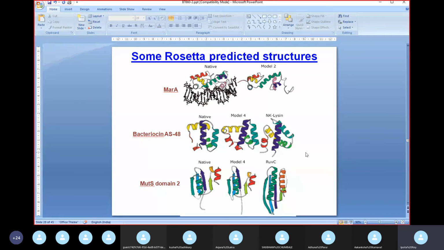Those errors will creep in when you try to model your query sequence. So again, it is not to say this is good, this is bad, but you finally need to end up with a thermodynamically stable structure which is able to explain the properties of the protein as they have been experimentally determined to be.